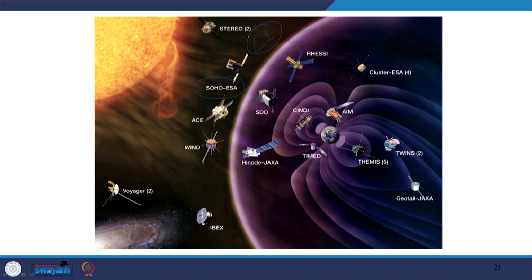Space agencies have been able to park a few spacecraft for the continuous observation of the solar wind. These missions are very important.